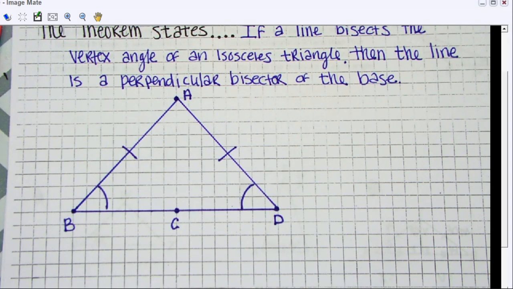What's the only other angle on that picture that we haven't marked? Look at the picture. Which angle have we not marked? A. So that makes A my vertex angle. How many curves does A get if it's not equal to anything? 2.